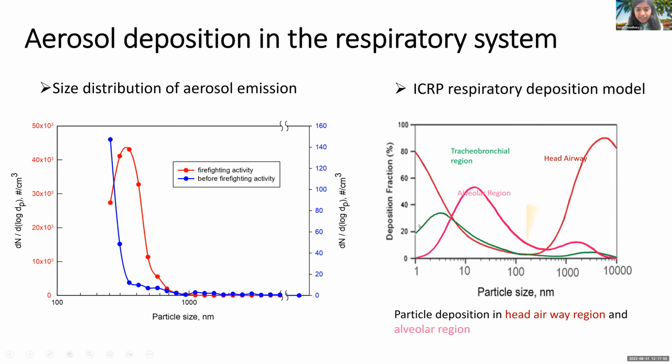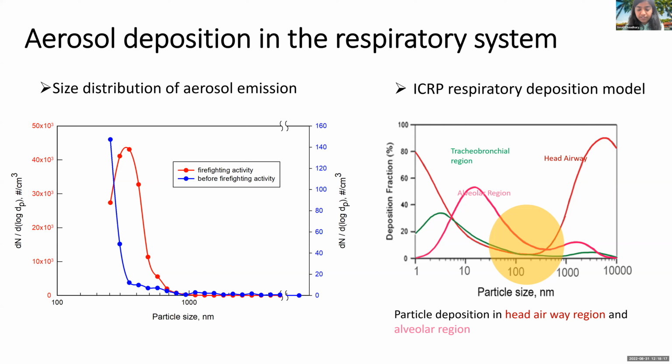If I look at that region and compare it to the respiratory deposition model, I can see that the particles are very highly likely to deposit in the alveolar region, some in the tracheobronchial region, and some in the head airway region.